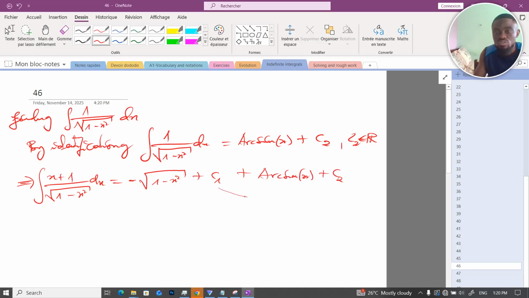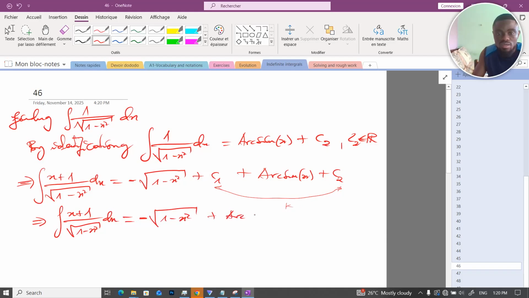But I told you these two constants are real numbers, so there is no need of writing two constants. This implies the integral of x plus 1 over the square root of 1 minus x squared dx will be equal to, resuming these two constants into one constant k, minus the square root of 1 minus x squared plus arc sine.